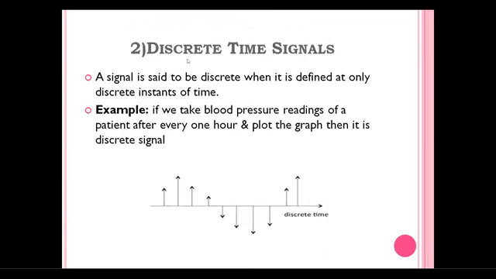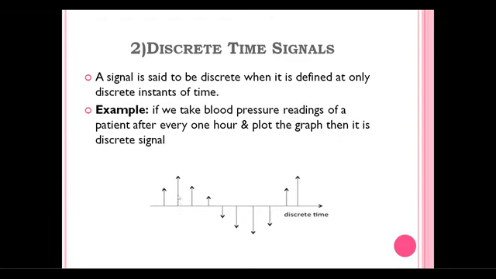The other type of signal is a discrete time signal. In the name itself the answer is there: discrete time. What is discrete time? This signal has amplitude only at particular instants of time. You see this graph. In this graph, the signal does not have amplitude at all instants of time. For example, at time t equal to 0, the signal has some amplitude.